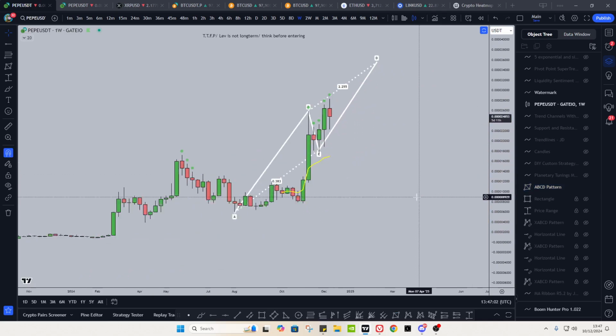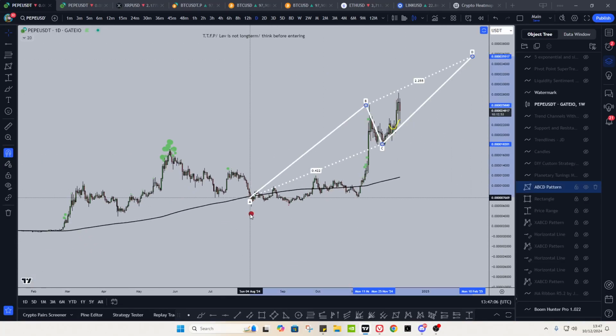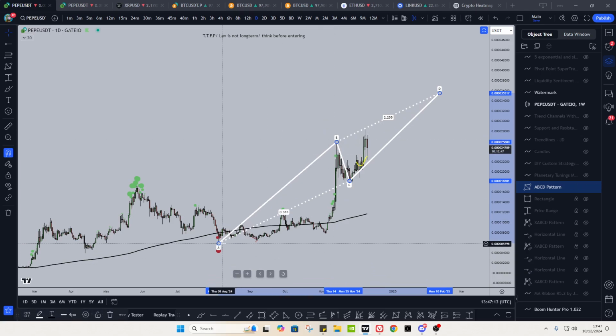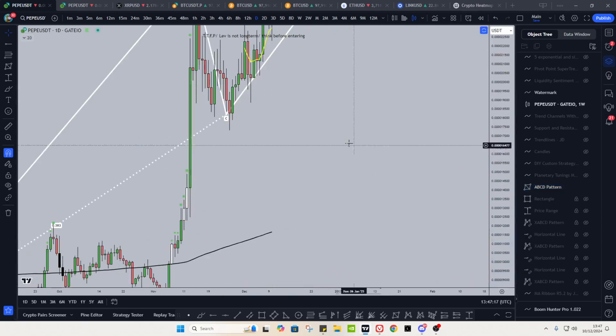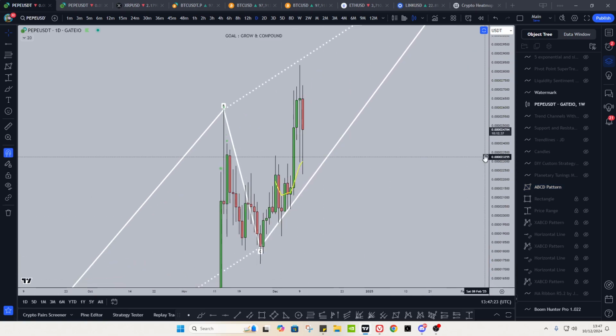Let me just anchor this properly. I'm going with the macro wick. Some people would be going from there, right? The way I see it, this is where this phase of the market actually started, so I'm going to take that from there. Let's go with the 0.382. There, you have the 0.382.